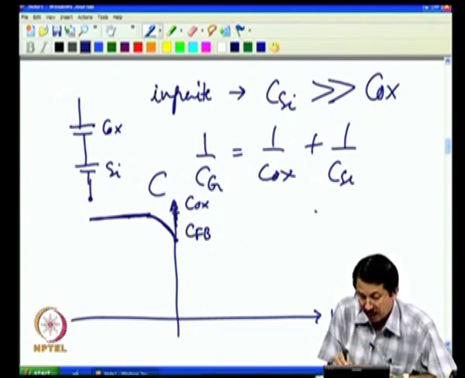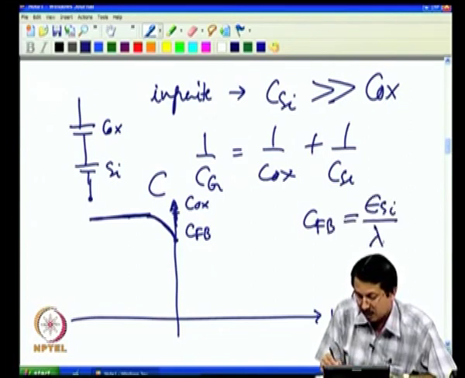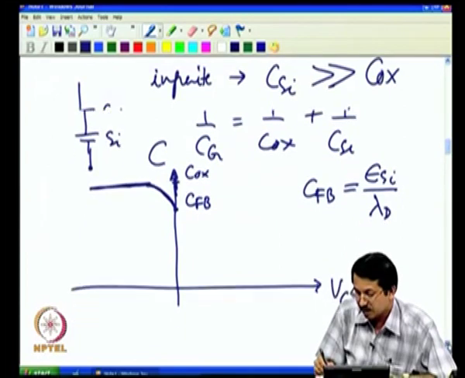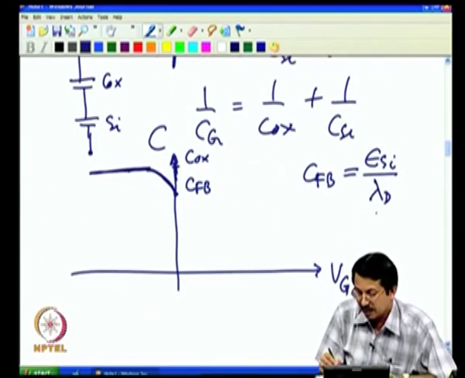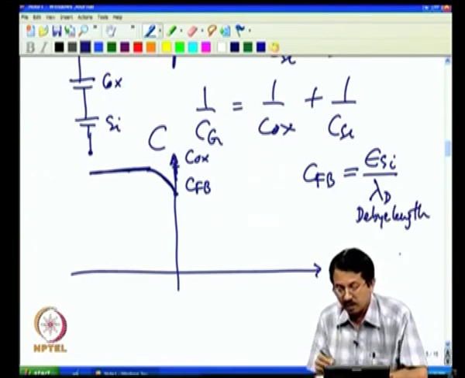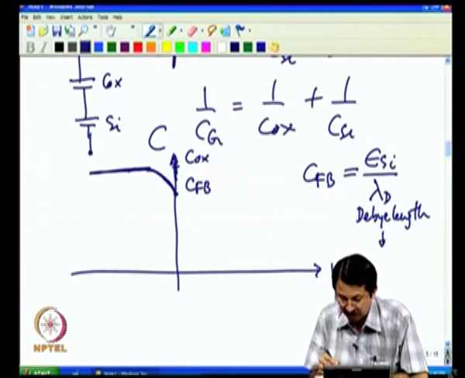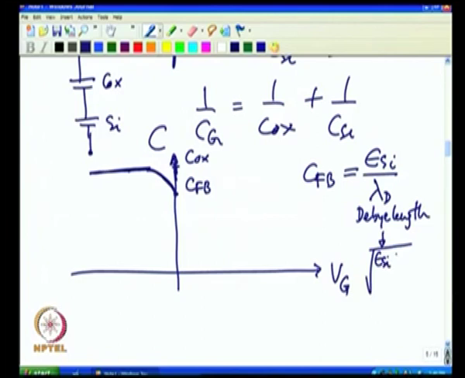This capacitance CFB is essentially defined as epsilon silicon by lambda d, and lambda d is called the Debye length. The Debye length is in turn defined as the square root of epsilon silicon kT over q, which is the thermal voltage, divided by q N_A.